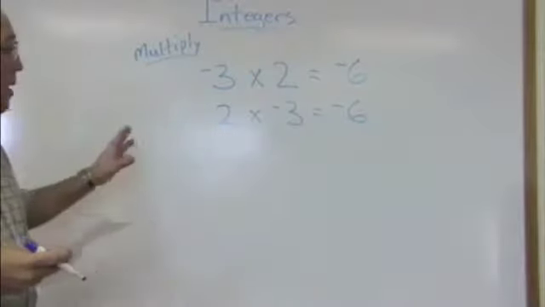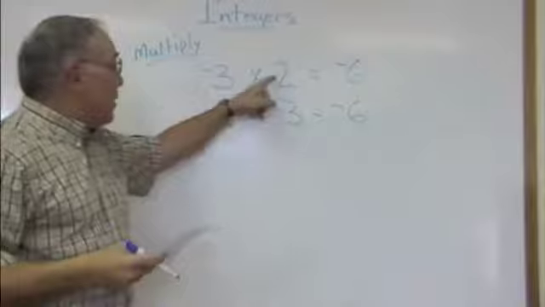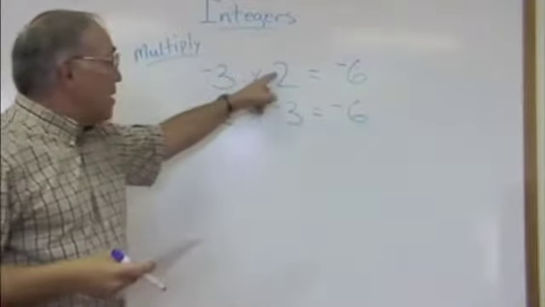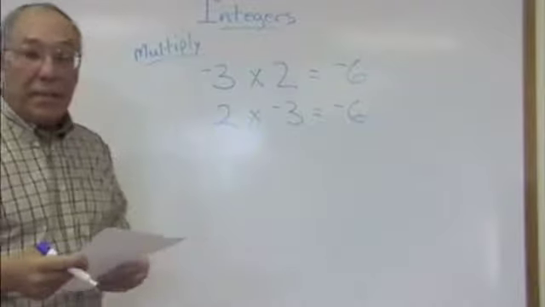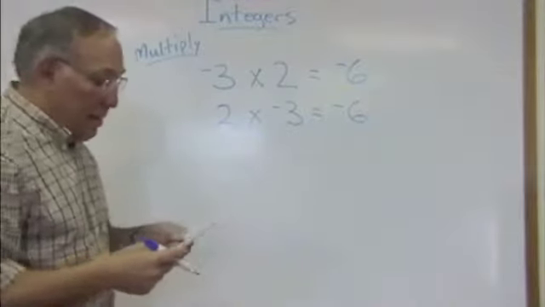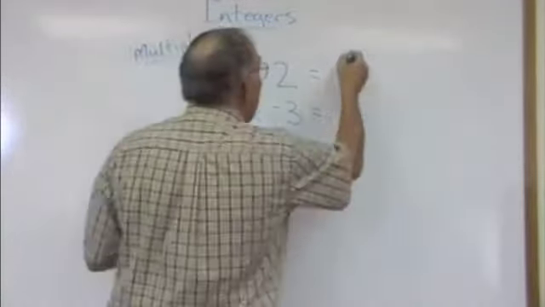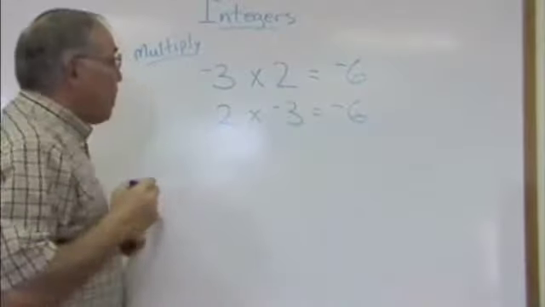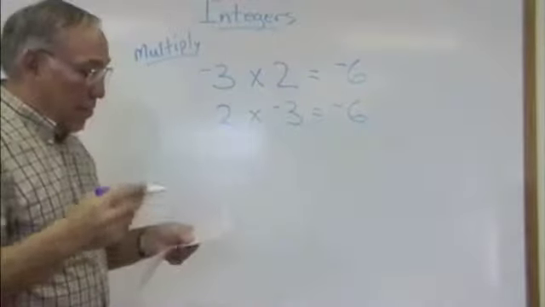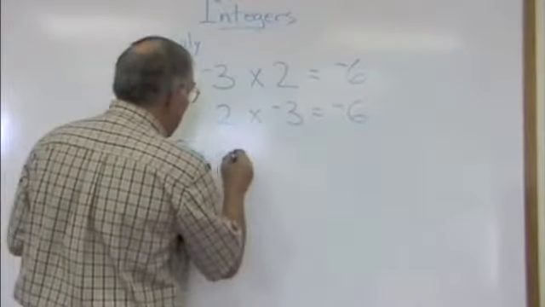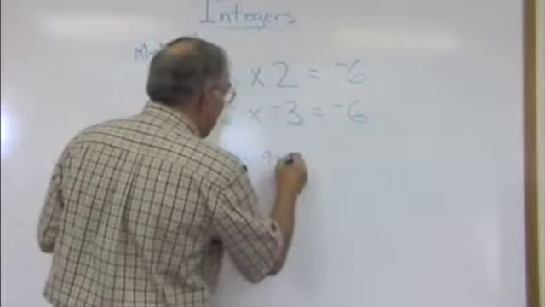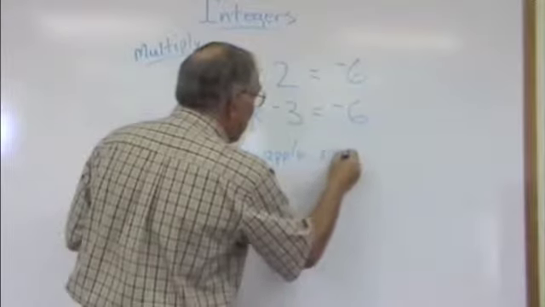So let's look at what happens here. If the signs are different, in other words, you've got a negative here and a positive here, the answer is always going to be negative. I like to do a reminder here that one bad apple spoils the barrel.